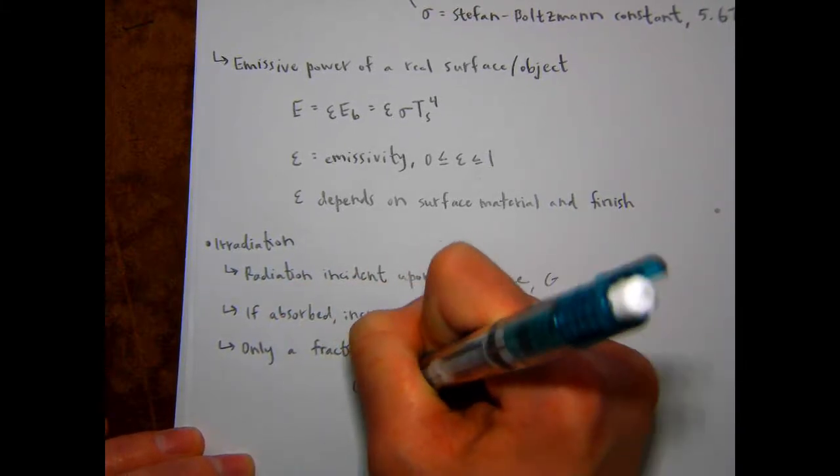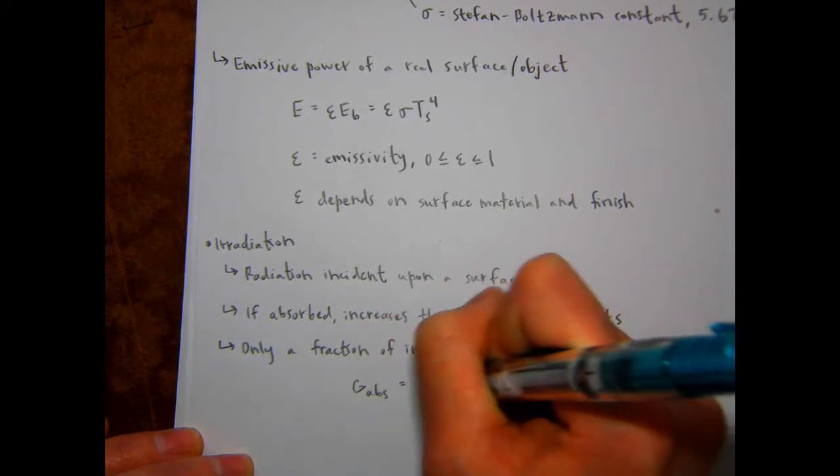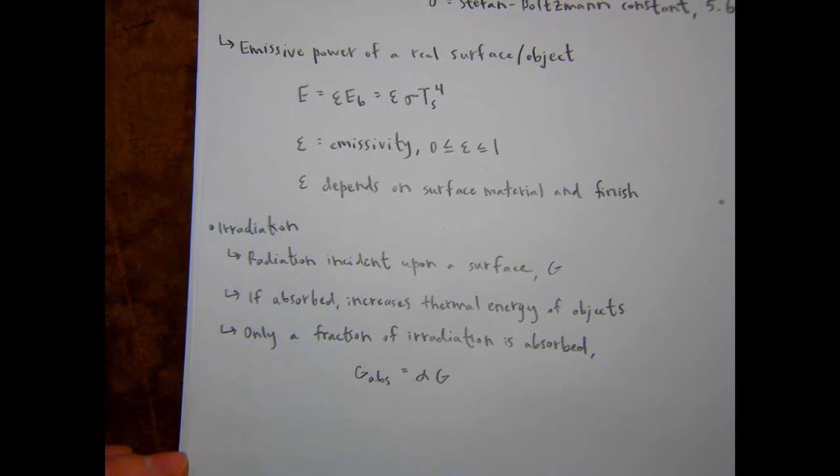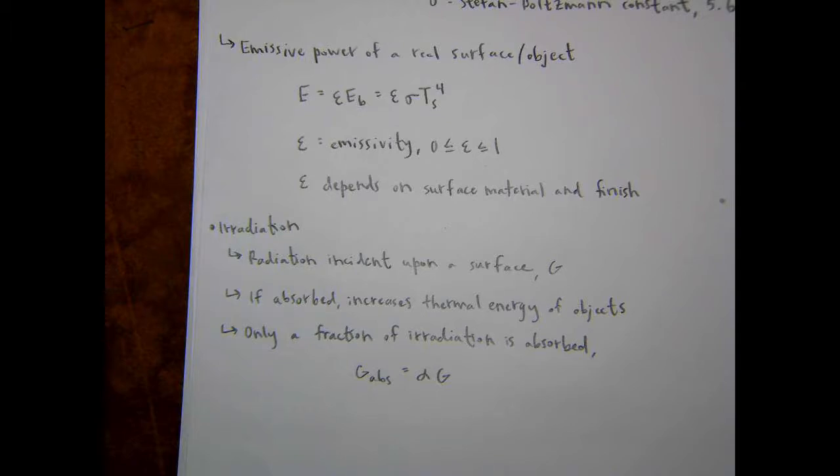So we'll say G absorbed is equal to alpha times G. So radiation that isn't absorbed is either reflected or transmitted through the object, and that radiation does not affect the thermal energy of the object. So what we actually care about is how much of the energy is actually absorbed by the object.